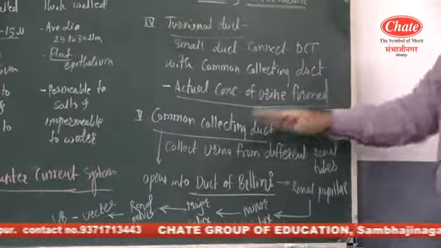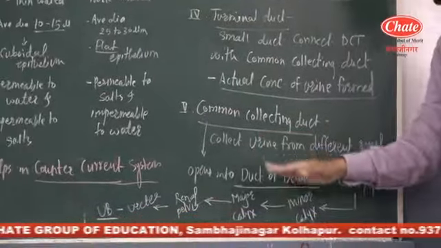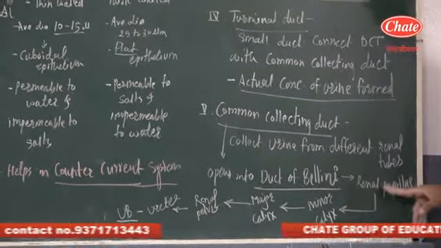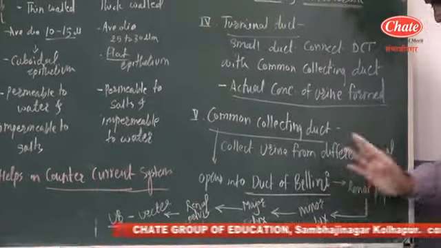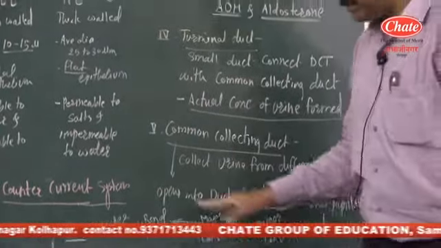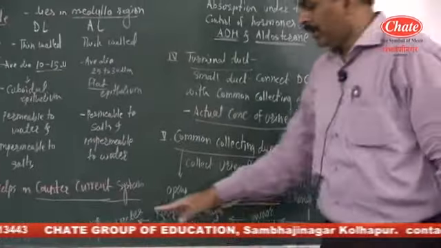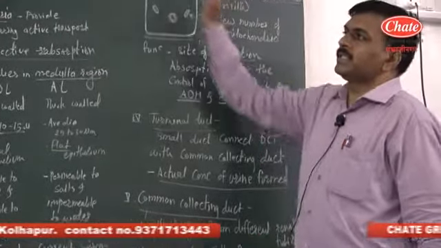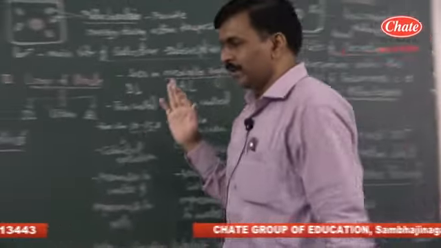So this is the sequence of urine transfer: from the common collecting duct to duct of Bellini, duct of Bellini to renal papillae, renal papillae to minor calyx, minor calyx to major calyx, major calyx to renal pelvis, renal pelvis to ureter, ureter to the urinary bladder. Okay, so this is the structure of the nephron or uriniferous tubule.